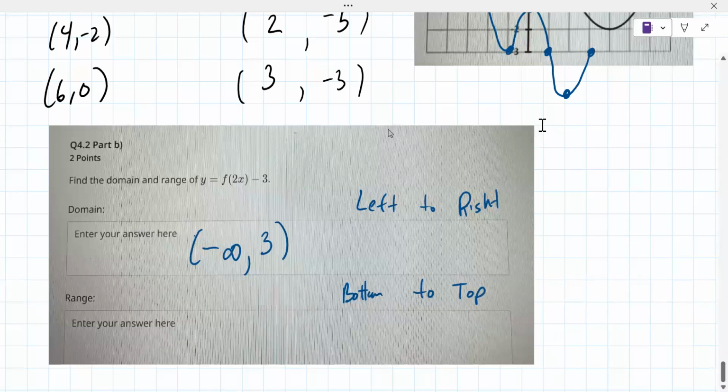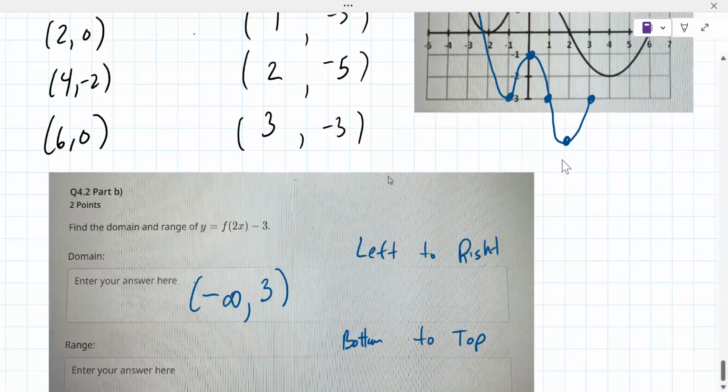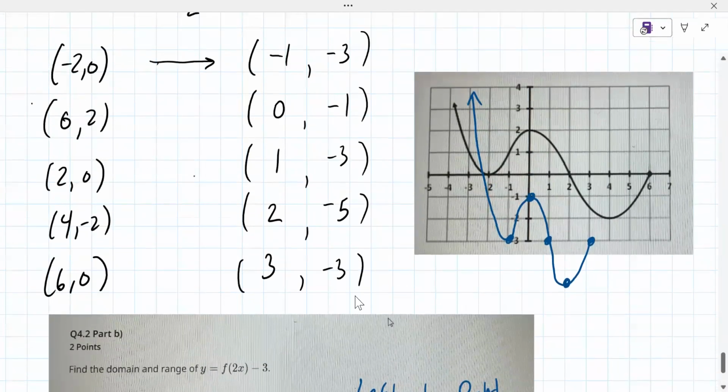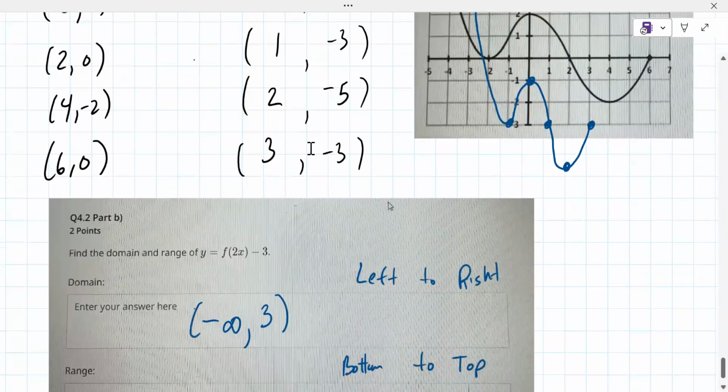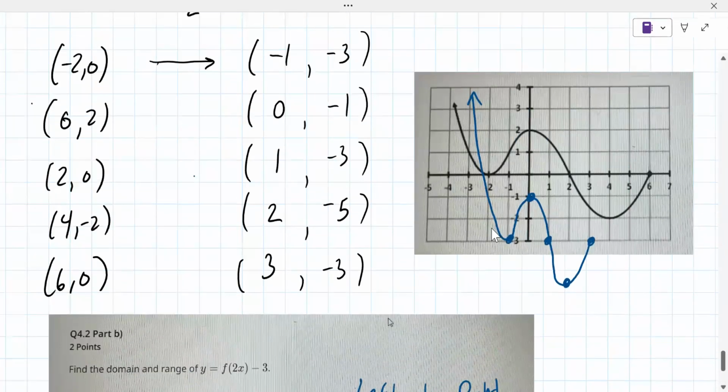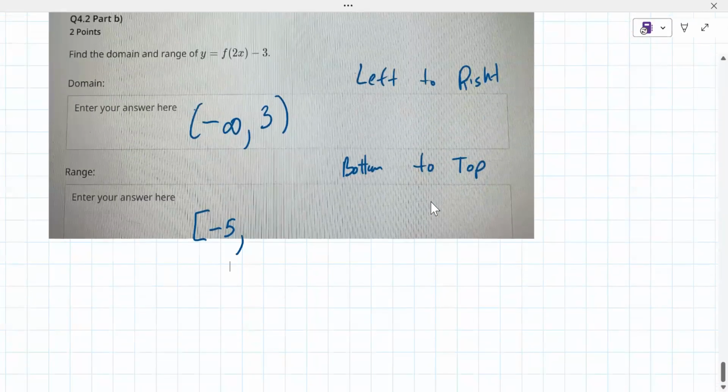So how far down does it go? What's the bottommost point? What's the lowest y value that you see in this list here? -5. So it's bracket -5, comma, and then the question is, how far up does the graph go? Infinity. So there you go.